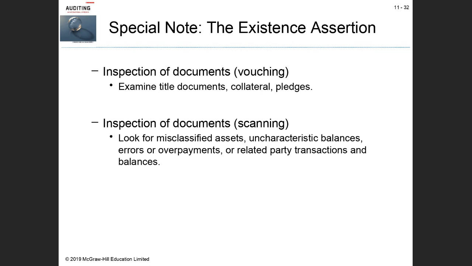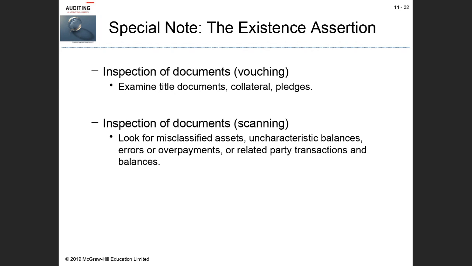Are there any balances in accounts receivable which look unusual? So for example, if we made a loan to the CEO, that's not an account receivable. That has to be separately disclosed. And by the way, why did the company make a loan to the CEO? It raises more questions that the auditor has to investigate.